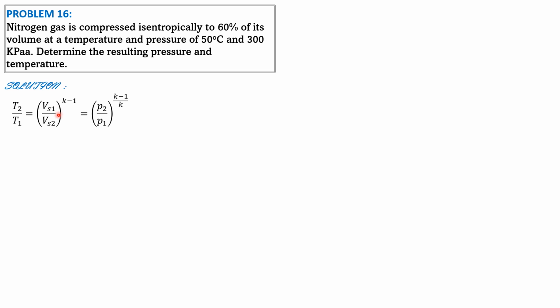So let's use this equation to solve for the resulting pressure. The isentropic exponent for diatomic gases such as nitrogen gas is 1.4. So Vs1 over 0.6 of Vs1 raised to 1.4 minus 1 equals quantity P2 over 300 raised to 1.4 minus 1 over 1.4.